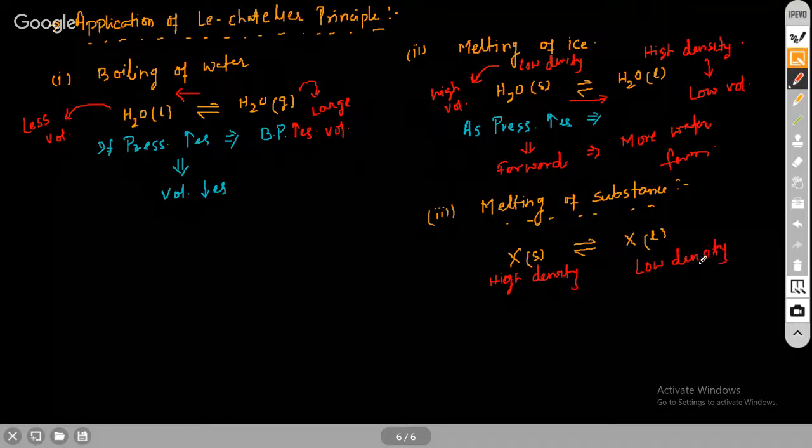In case of ice, this was reversed. High density means low volume. Low density means high volume.